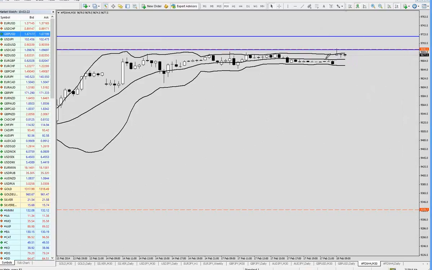Now we have a cash market open, so let's see what's going to happen here. 9,690, 9,720 is the area we are focused at, this area right now.